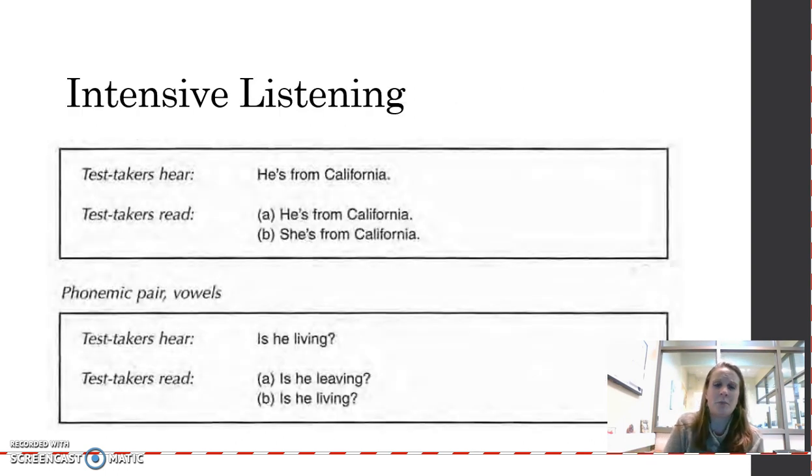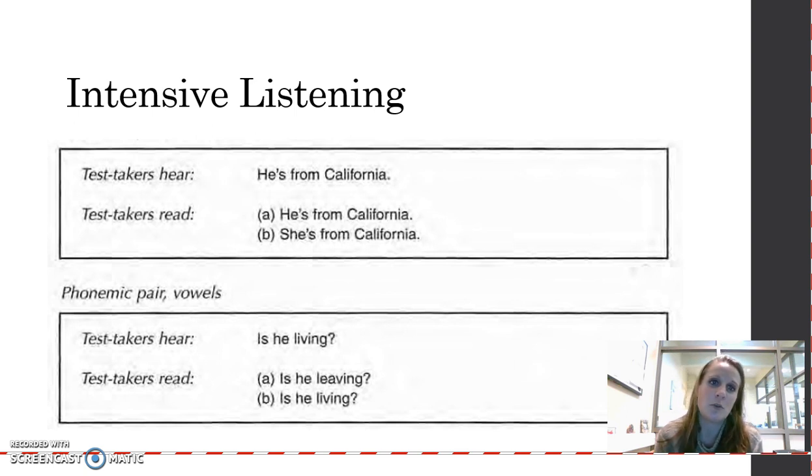This is an example of an intensive listening activity, and we already said it's about phonemes and words, but I want you to see that there are different ways of testing that. Here's an example. The test takers hear "he's from California," and they have to choose between "he's from California" or "she's from California." So here we're looking at the phoneme, right?